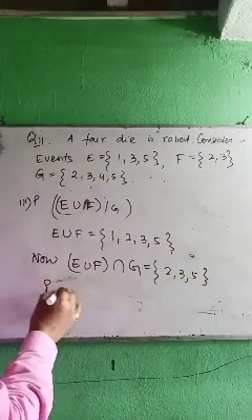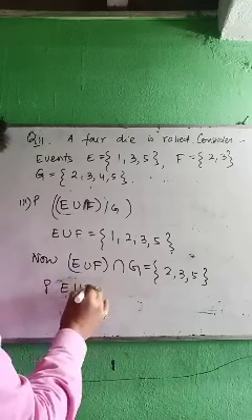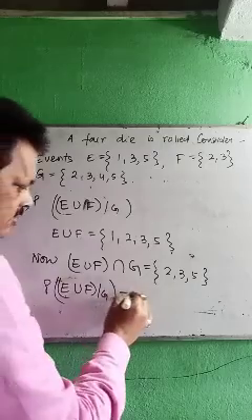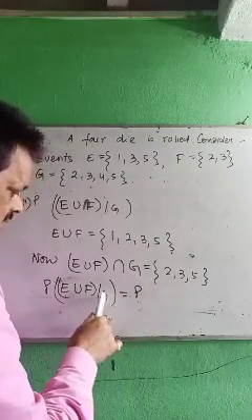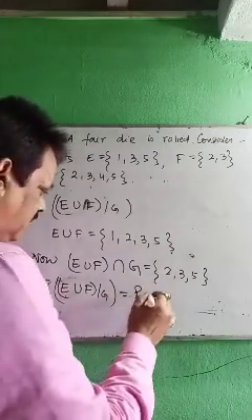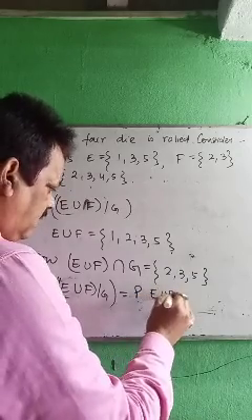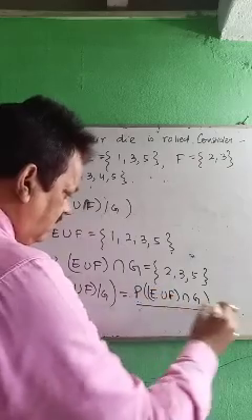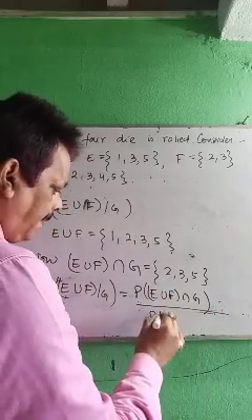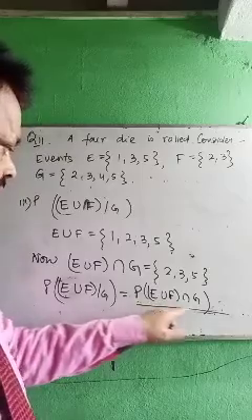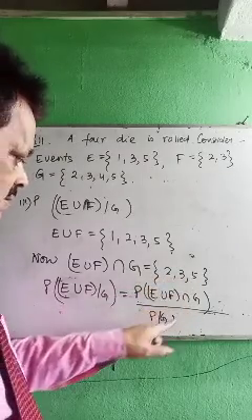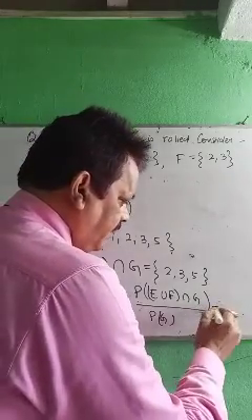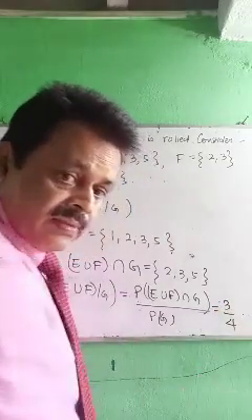Now probability E union F condition G equals probability of the intersection of these two, E union F intersection G, divided by P of G. This is how much? 3 elements. 3 by G: 1, 2, 3, 4. 3 by 4. I hope you can check it.